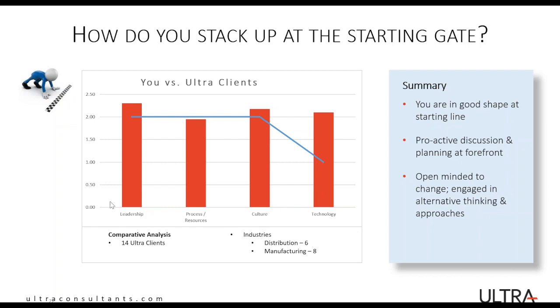And if you think about it in terms of looking at a potential transaction, this is potentially a way to look at that in terms of how mature is the leadership, how mature are the processes, how mature is the culture, how mature is the technology. And in this case, they were in pretty good shape from a leadership perspective, process, culture, technology, pretty typical where we would see things around a 2.